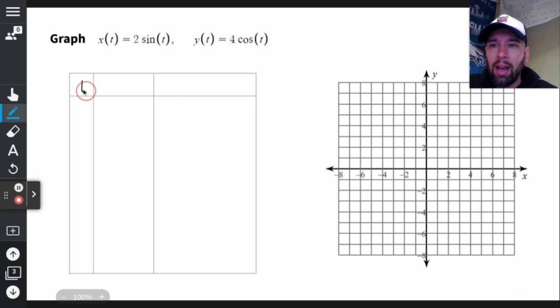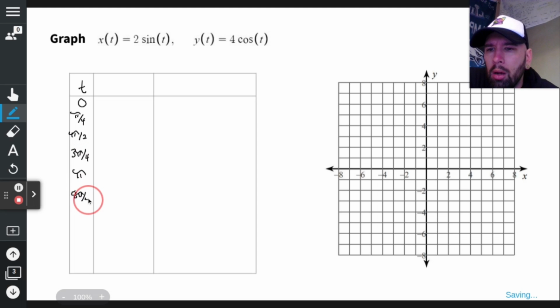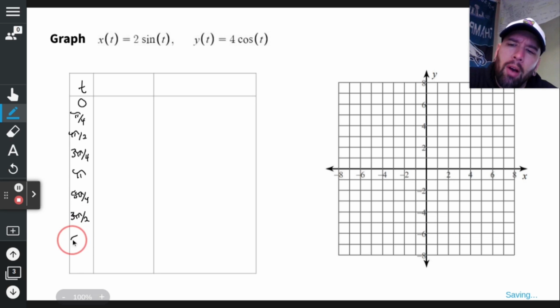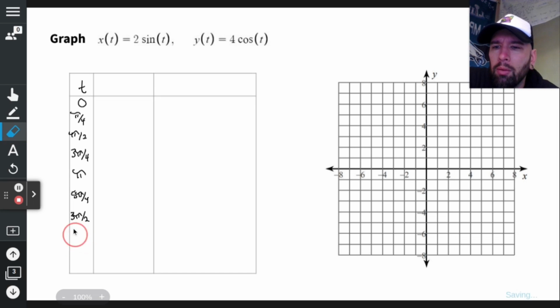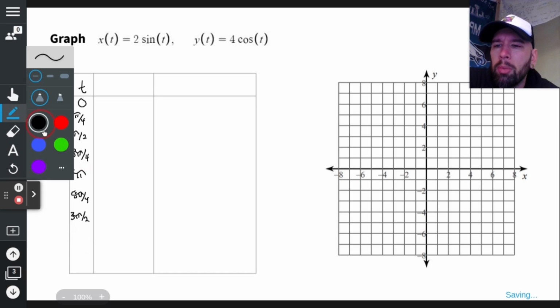Let's pick some convenient t values, like 0, and then every quarter of a pi: pi over 4, pi over 2, 3 pi over 4, pi, 5 pi over 4, 3 pi over 2, and 7 pi over 4. Sorry, I don't want to use 5 pi. Silly me, jumping the gun.